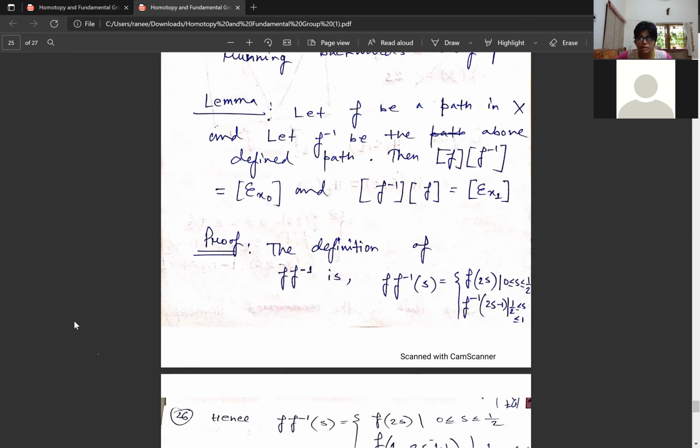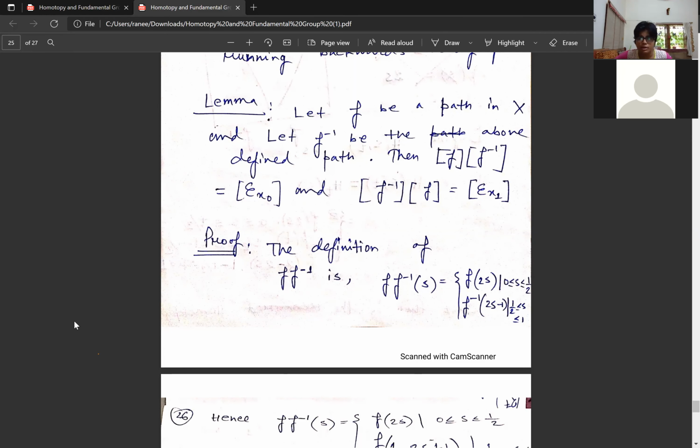So it means what? If this is my f, this is x naught, and this is x1. I'm going along f, and then I'm traversing backward by the same path. This is my f inverse. The green was my f inverse.